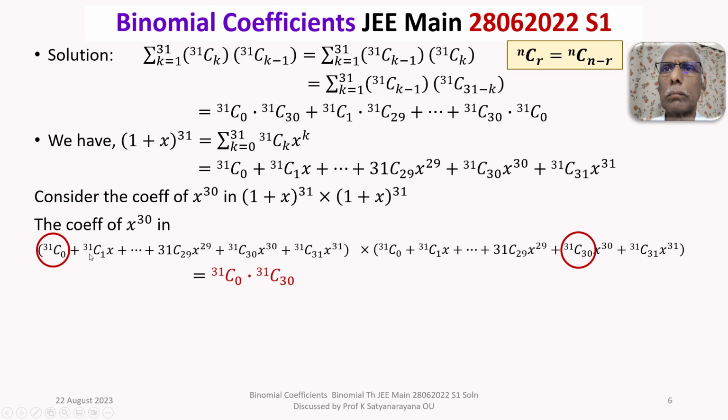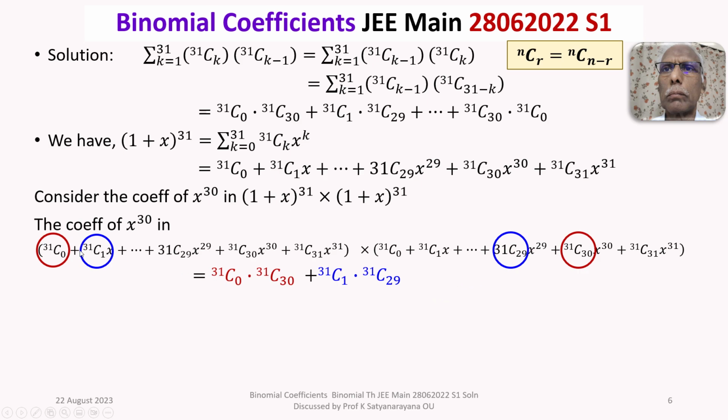So 31C1 multiplied by 31C29 will be a contribution to the coefficient of x to the power of 30.